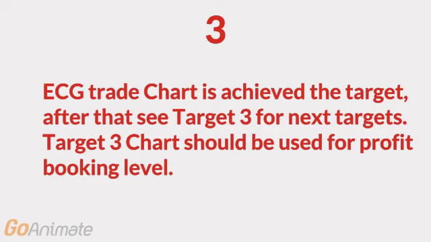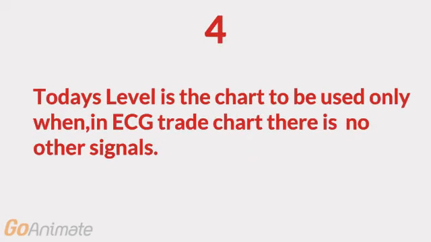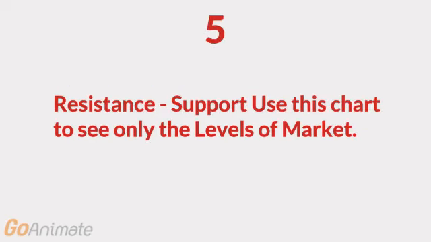The Target 3 chart should be used for profit booking levels. 4. Today's level is the chart to be used only when there are no other signals in the ecgtrade chart. 5. Resistance support. Use this chart to see only the levels of the market.